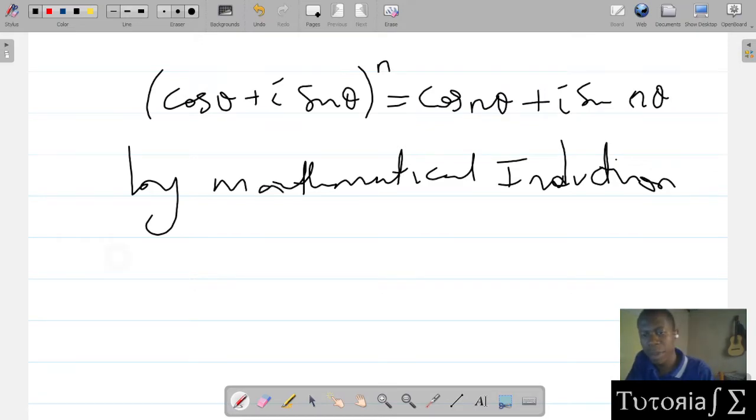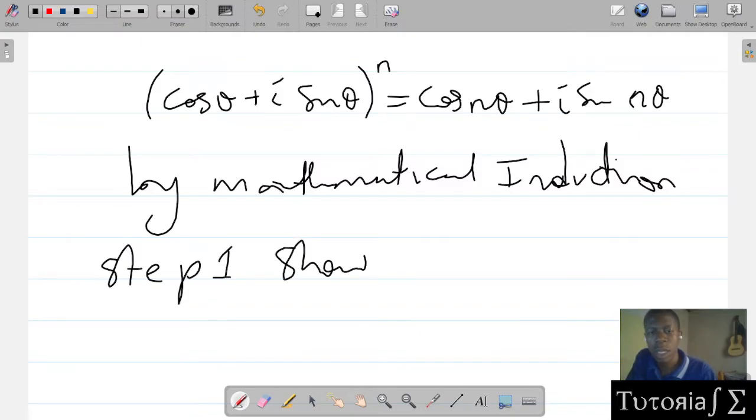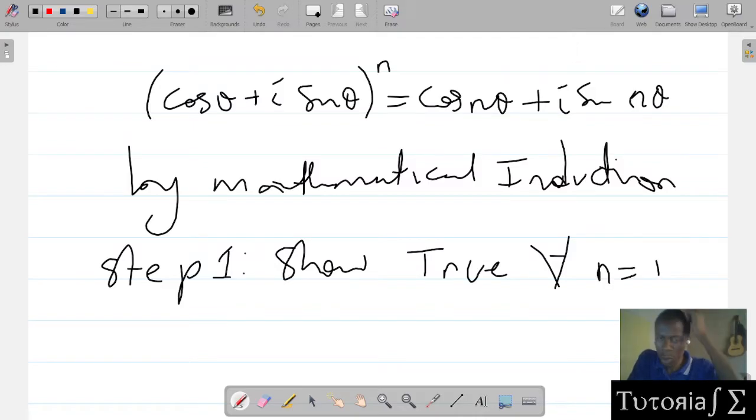The first step: we need to show that it is true for n equals 1.